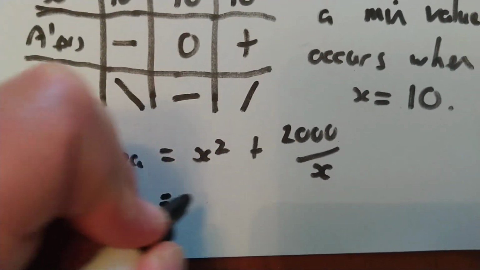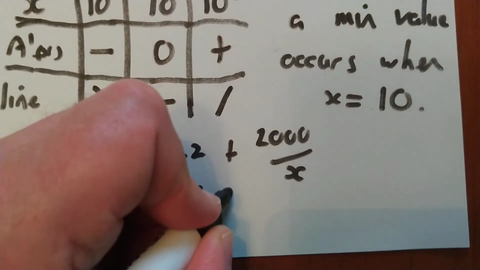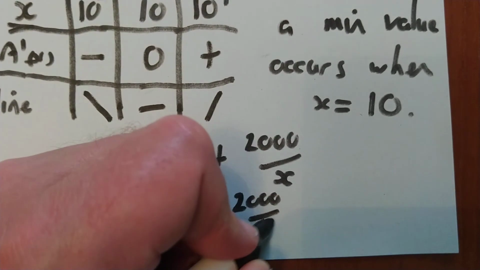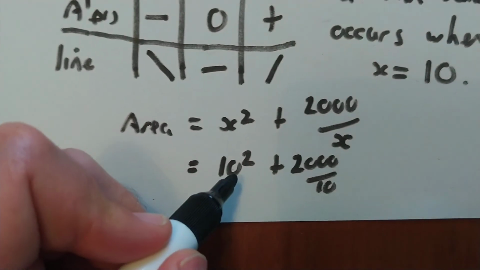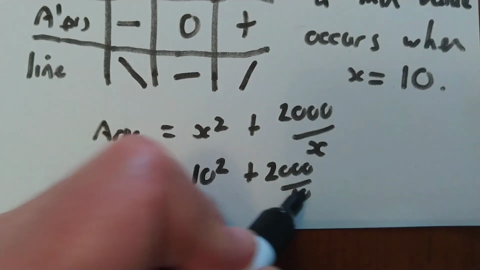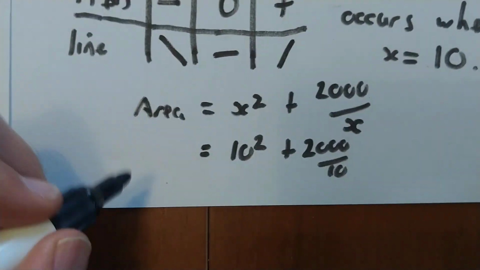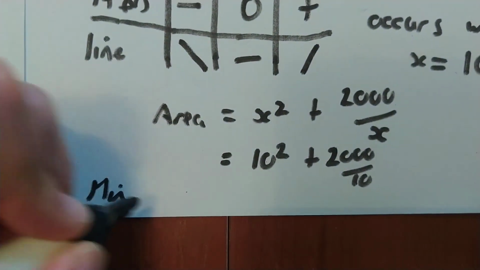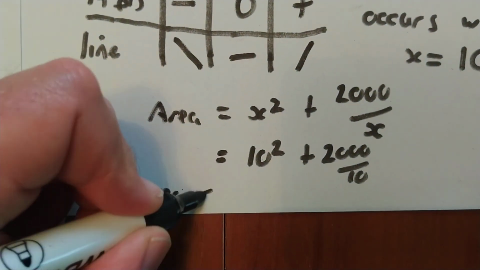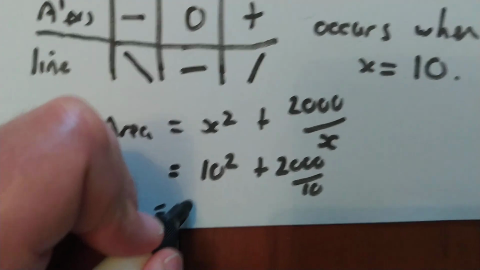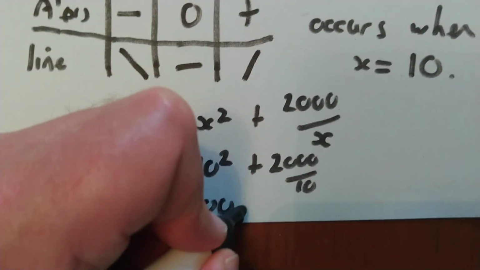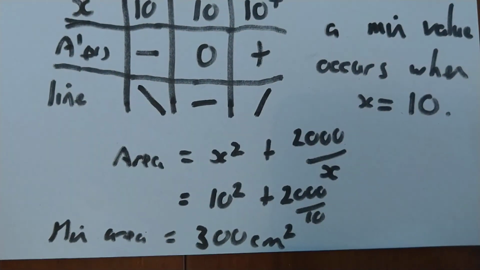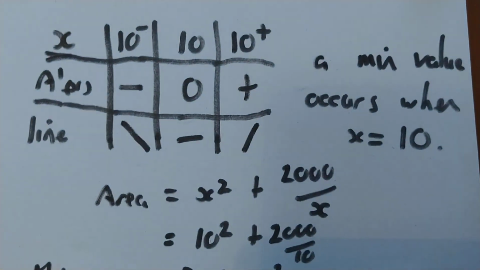Plug in my value, 10 squared plus 2000 over 10. 10 squared is 100. 2000 over 10 is 200. All right, then my minimum area is 100 plus 200, 300 centimeters squared of glass. That's how we do optimization.